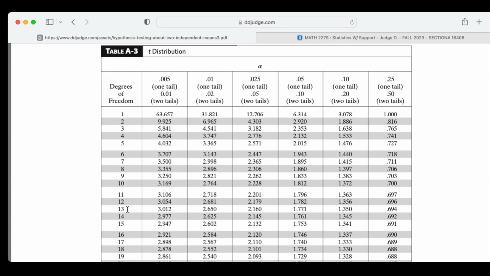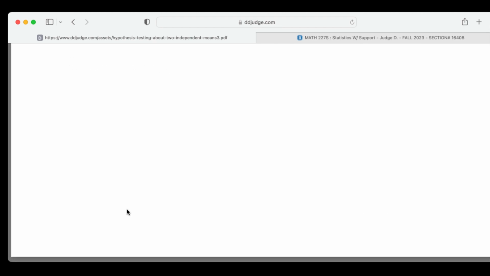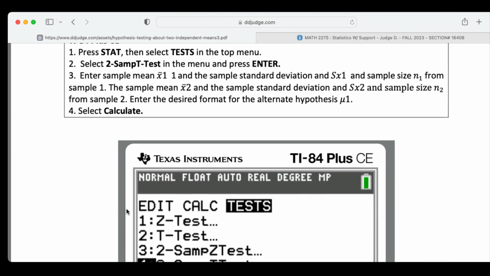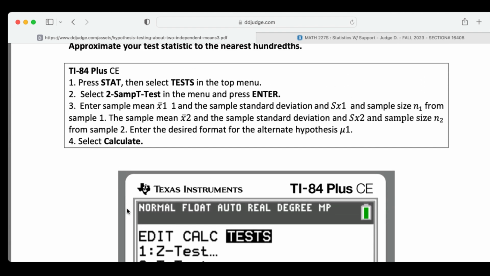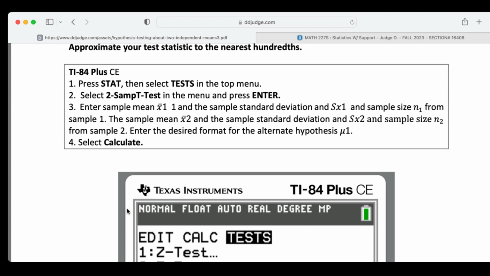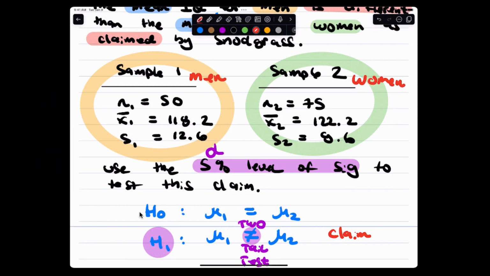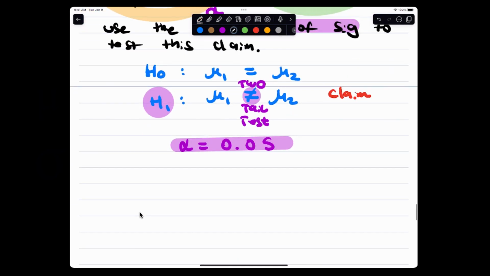Well, what do we say we use? Let's scroll all the way down. These are the notes. You know what we use? Two sample what? T-test. Two sample T-test, ladies and gentlemen. So in your TI, two sample T-test.